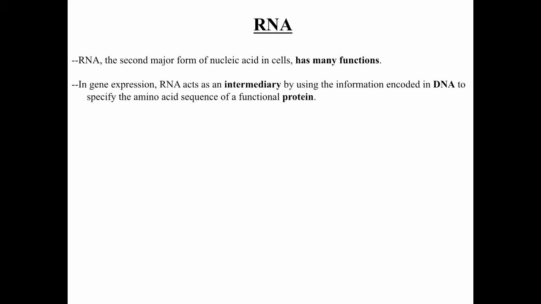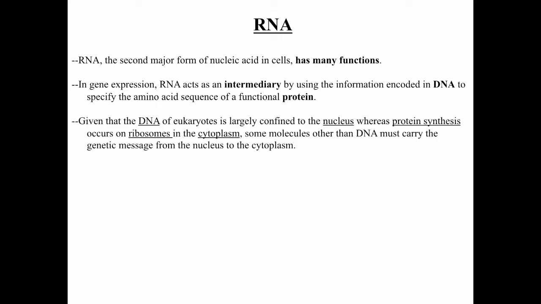Okay, so RNA is the second major form of nucleic acids in cells, and RNA has lots of different functions. In terms of gene expression, RNA is going to act as the intermediary molecule between DNA and protein. It uses the information encoded in DNA to specify the amino acid sequence of a functional protein.